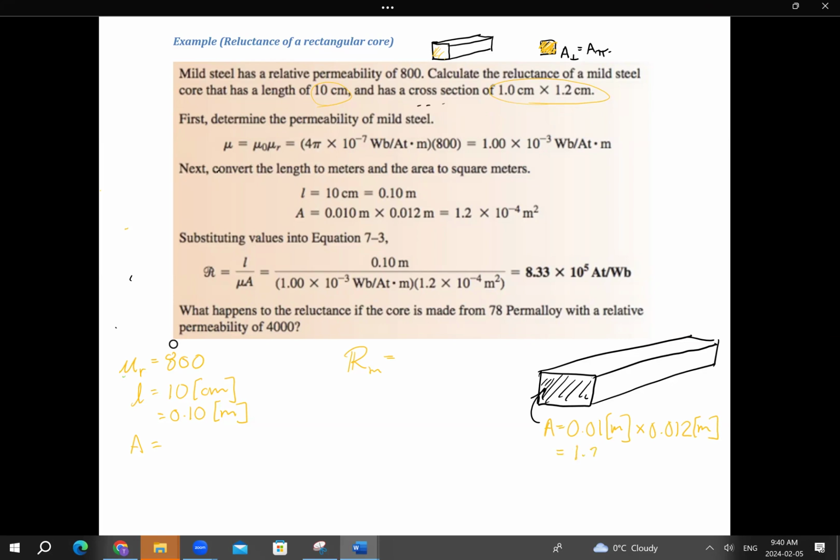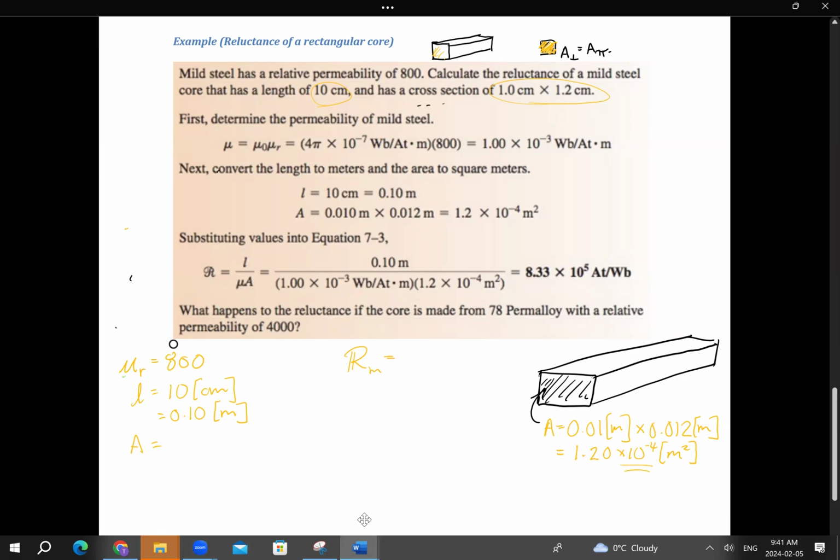And that would be 1.20 times 10 to the negative 4 meters squared. And don't forget that that's meters squared, and we have to keep our proper SI units in these problems, or else we're not going to get the right units in the end.